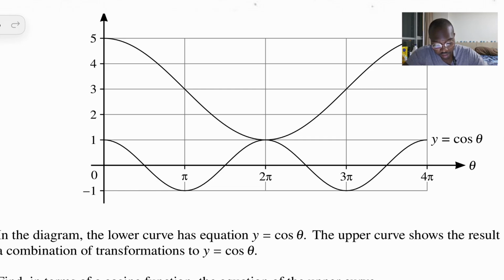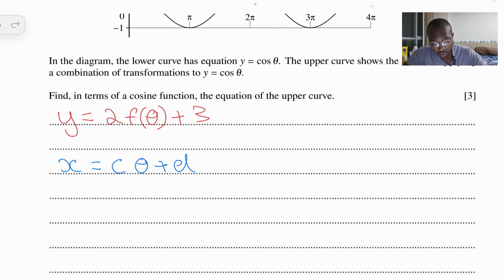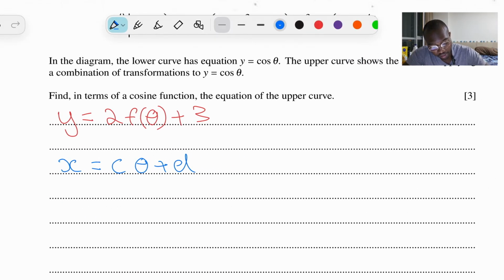So again, I'm going to use the minimum, and we know the minimum is at pi, okay? And then if we look at the minimum when it's been transformed, it's gone from pi, it's now at 2 pi. So we know that pi has been transformed to 2 pi in the x direction. And we can apply that same thing. So in this case, theta originally was pi, but now x is 2 pi.